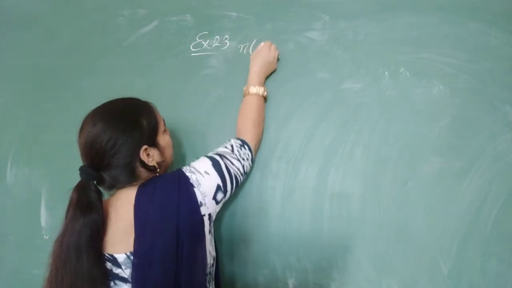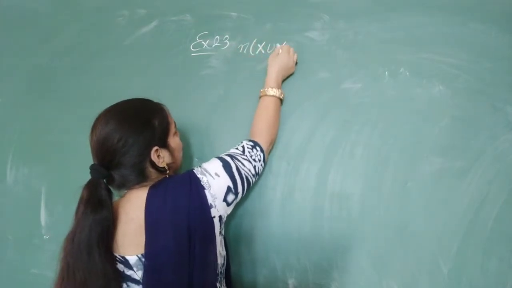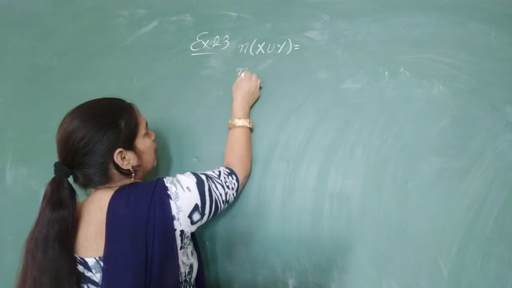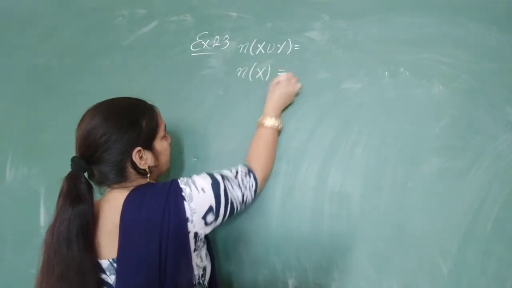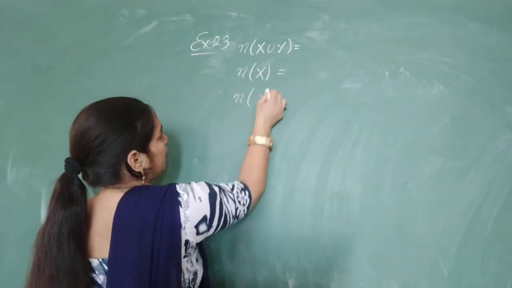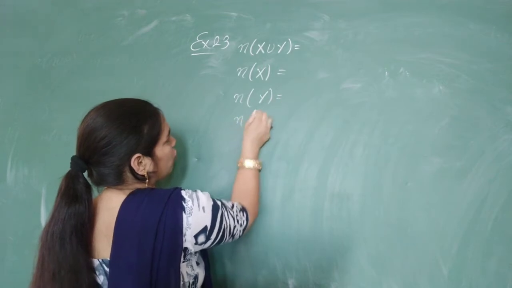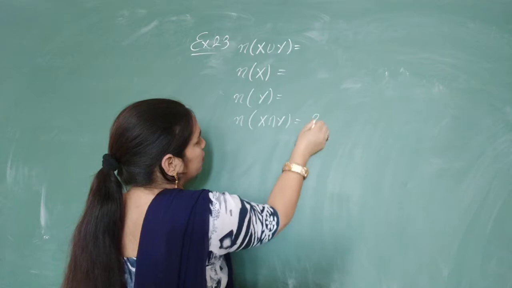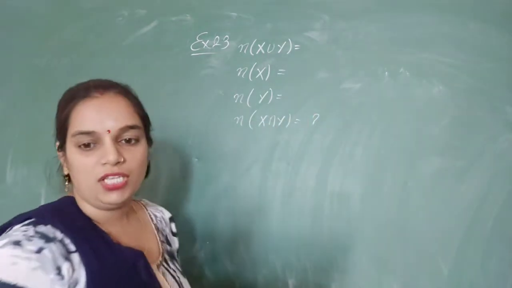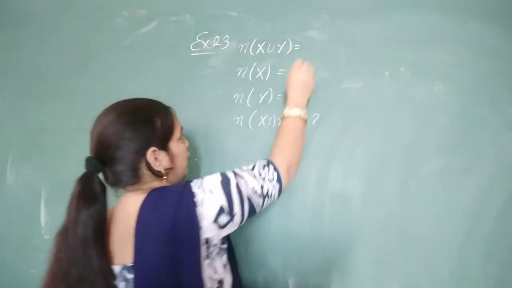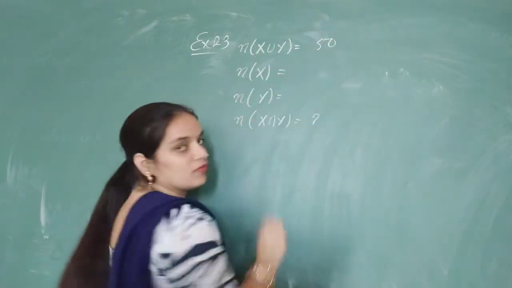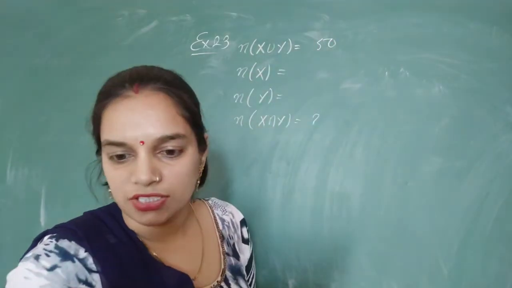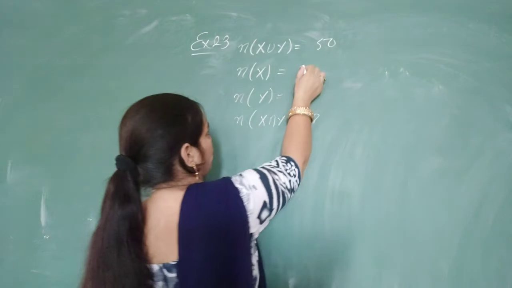The number of elements in X intersection Y, this we have to find. In their union there are 50 elements. In the set X there are 28 and Y 32.